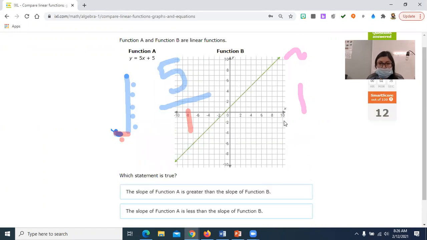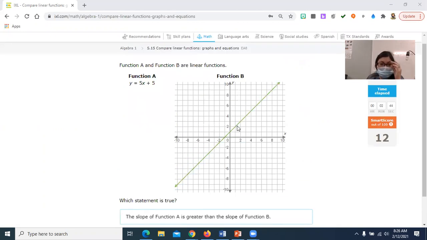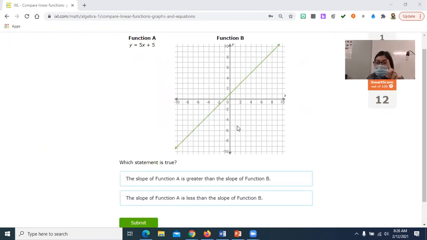Oops. All right, and I'm going to do this again. So, okay, I do the same thing here. But I would always check what it's talking about, because sometimes down in the bottom, it'll say the y-intercept or also the slope. So in this one, it's asking for the slope, so I do the same thing again.